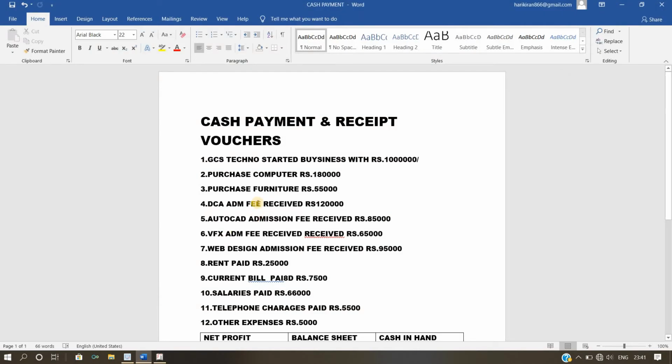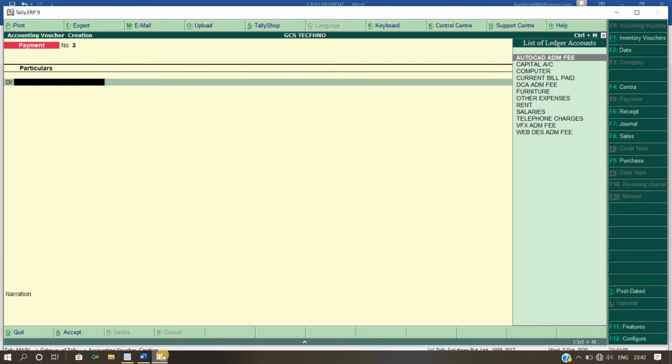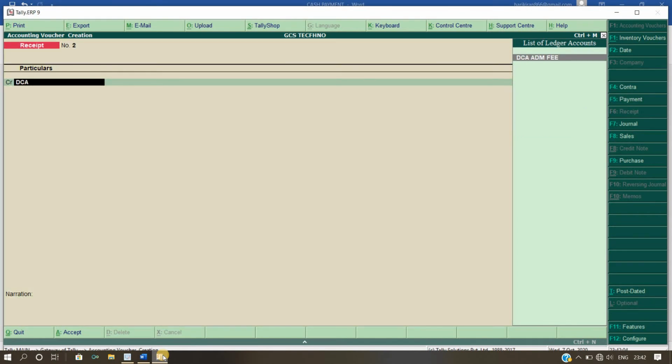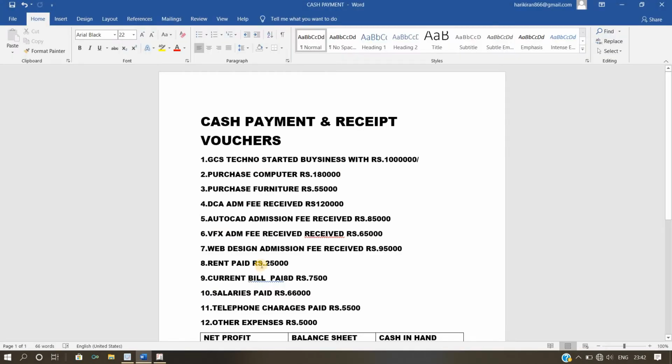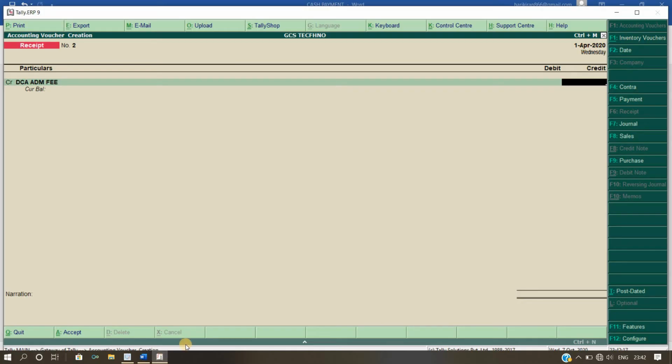And after furniture, DCA admission fee received, right? Friends, it is receipt voucher F6. Okay, press F6. DCA admission fee, automatically it will come, friends, because we have created ledgers, right? And amount is, let's say, 1,20,000.